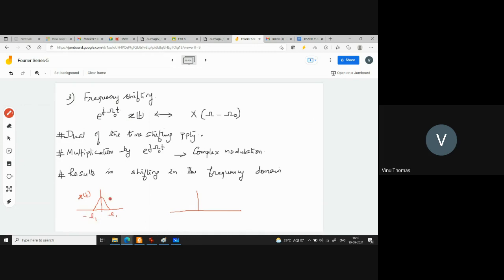It's the spectrum of a real signal probably, because the magnitude spectrum is symmetric. The phase spectrum I have not drawn here. This could be shown as anti-symmetric, so that will be a real signal. Now the spectrum of e raised to j omega 0 t into x of t would be like this.